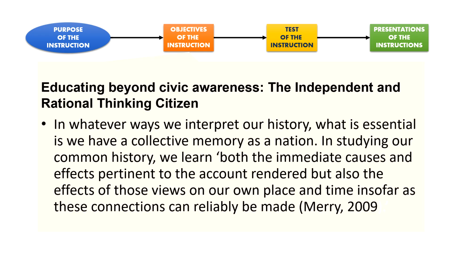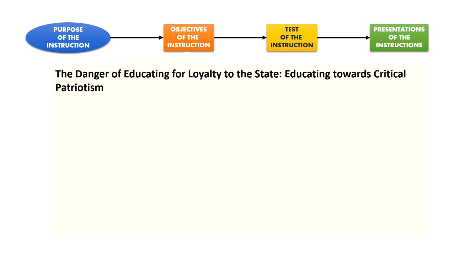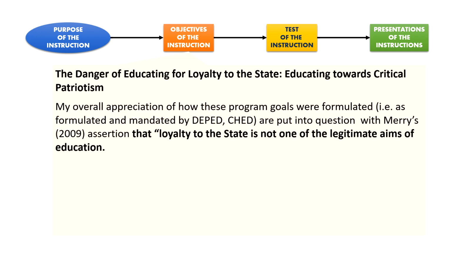But there's some caveat here. The danger of educating for loyalty to the state, educating towards critical patriotism, is that at one point, if not handled properly, it may produce a blind loyalty.